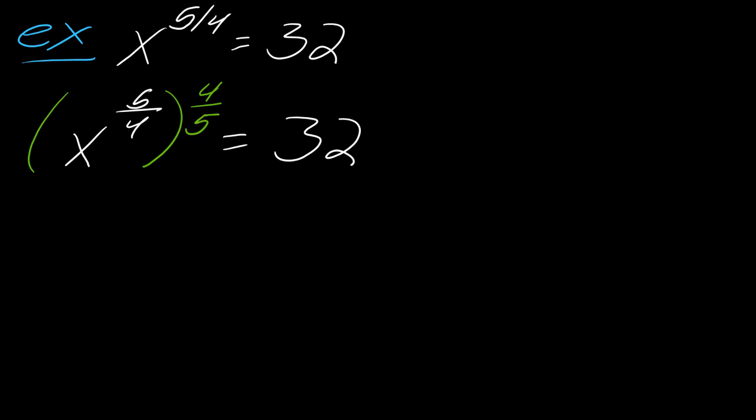To do that, I put a set of parentheses around it so that I can use the power rule, and I just use the reciprocal exponent. Whatever I do to one side, I have to do to the other side. This is probably also a great time to review rational exponents. With the exponent rules, these just cross out, so the left side just becomes x.